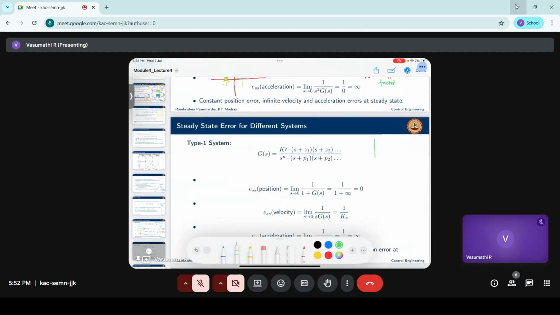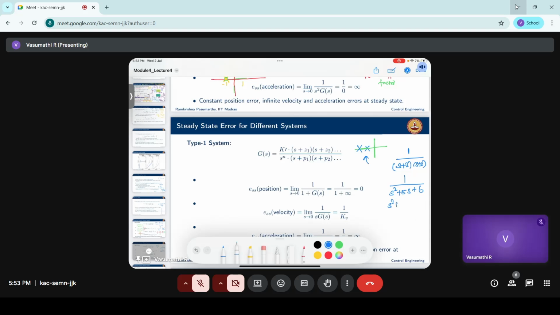So when you have a system, for example, that has two poles in the left half of the s-plane, I can say this might be s plus 2 and s plus 3. There is no zero, so I'm going to consider one above. These are the two poles you have. When you find the polynomial, this will become s square plus 5s plus 6, right?